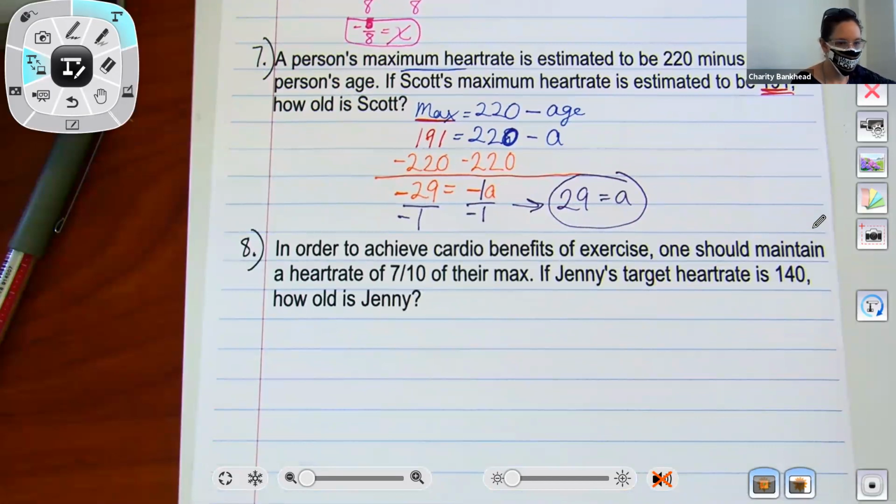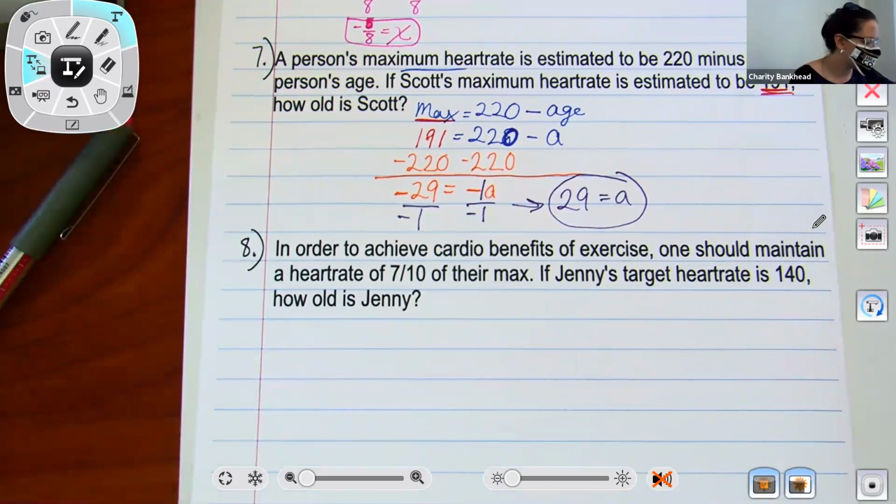All right, and then continuing with that, number 8 says, in order to achieve cardio benefits of exercise, one should maintain a heart rate of 7/10 of their max. If Jenny's target heart rate is 140, how old is Jenny? Okay, so the target heart rate is 7/10 of the maximum heart rate.